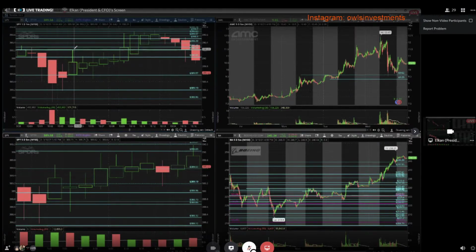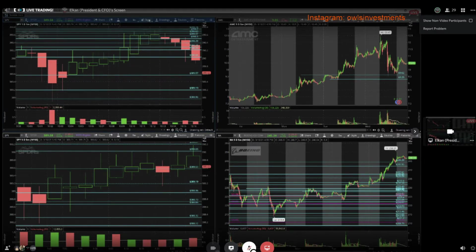Highest point was 390.23. The lowest point was the opening at 389.59. You see, it never closed above here, so it's tough for it to go up. You want to see the body of the candle getting to the price that we're looking at. That's what you want to see.